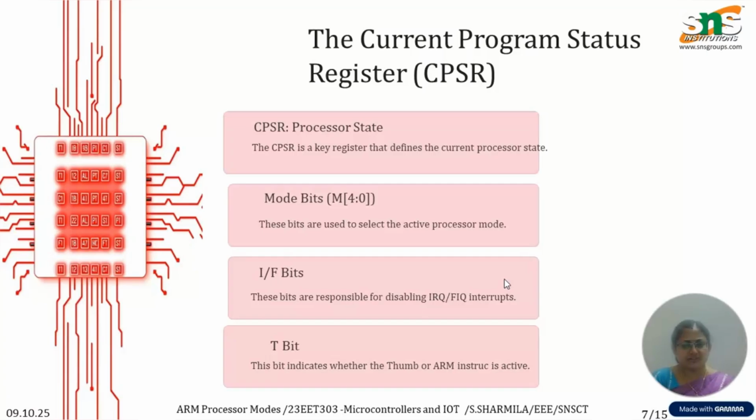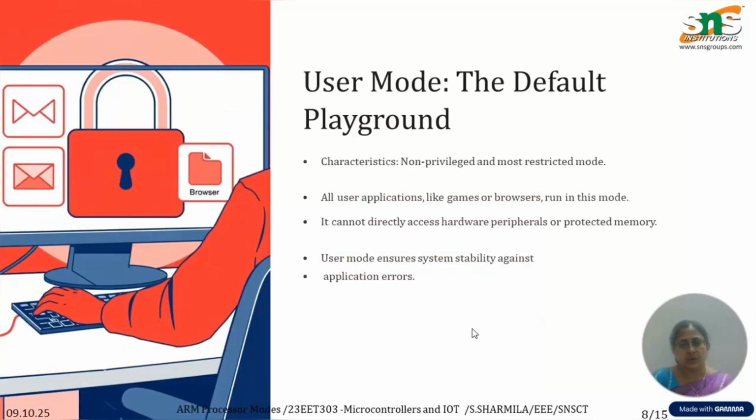Its critical fields include the mode bits, which select the active processor mode, the I and F bits for disabling interrupts, and the T bit, which indicates whether the processor is executing standard ARM or compact Thumb instructions.